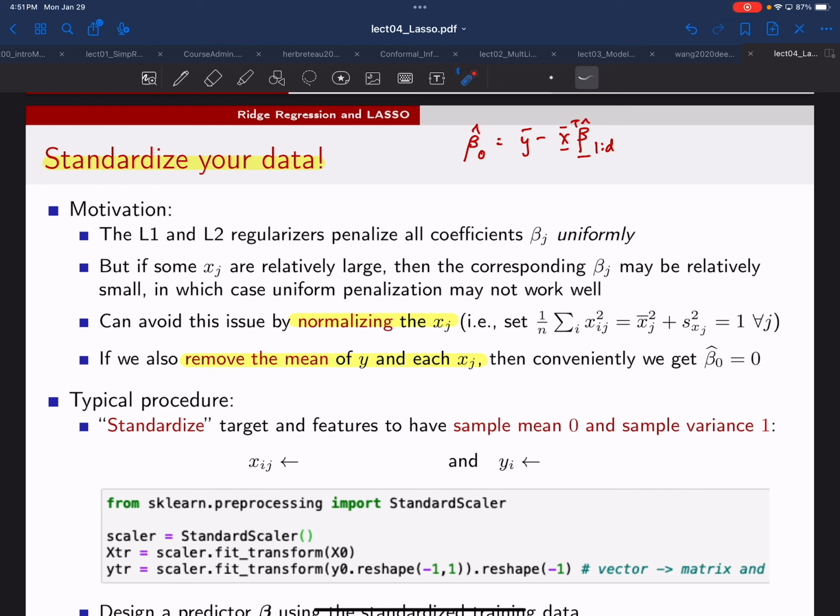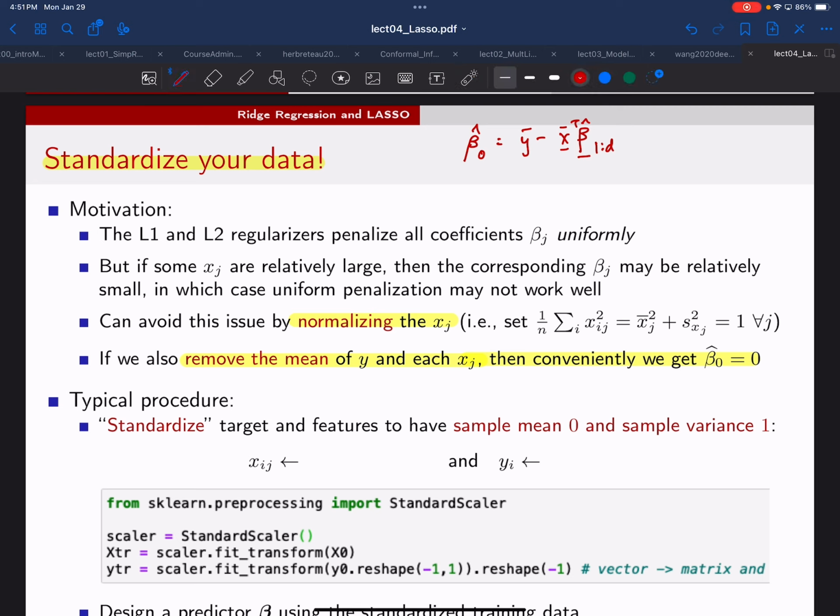So that's actually a common thing to do, is to set all those sample means to 0. Conveniently, we get beta hat 0 equals 0. And if we know that this is set to 0, then we just need to set our variances to 1. And that kind of explains the typical method. So it goes like this.